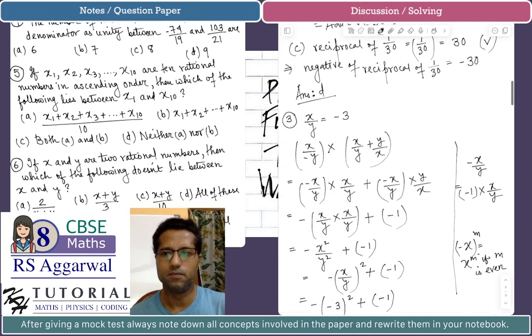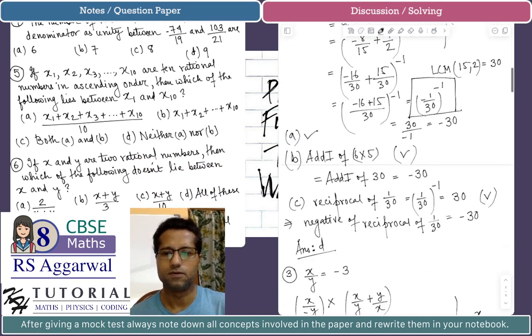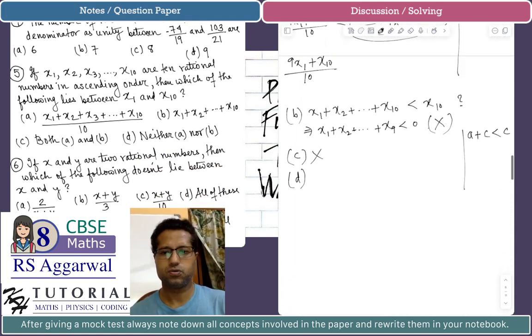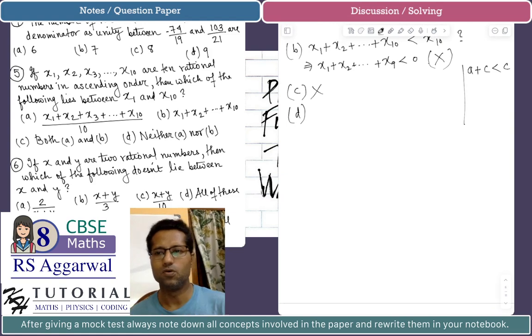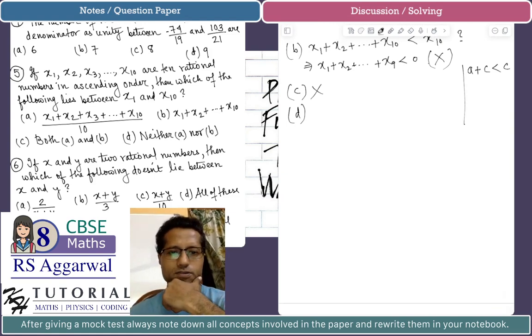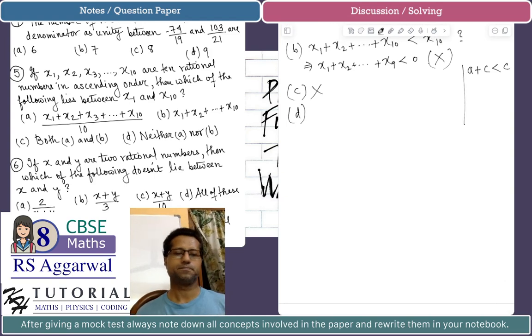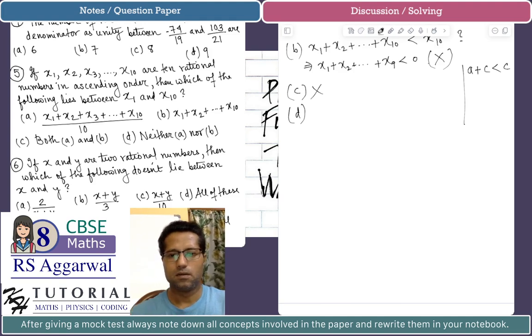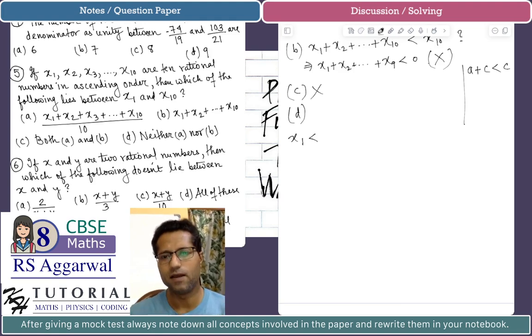Let's go to the place where I left. Okay, so this was the place where I left empty. What can we do? We know that x2, x3 and x9, these are all lying between x1 and x10. We know that since x1 is less than x10, x1 plus x10 divided by 2 will lie between x1 and x10.